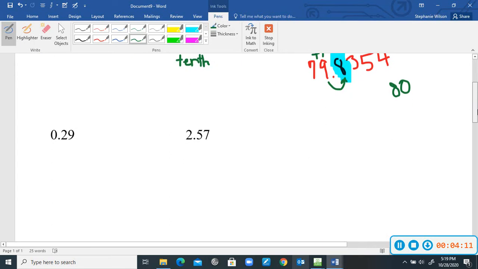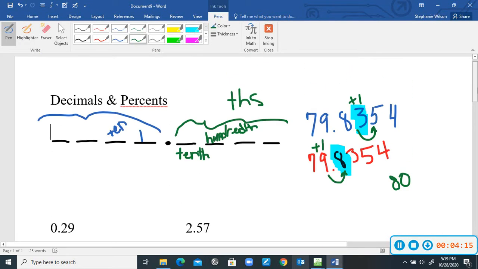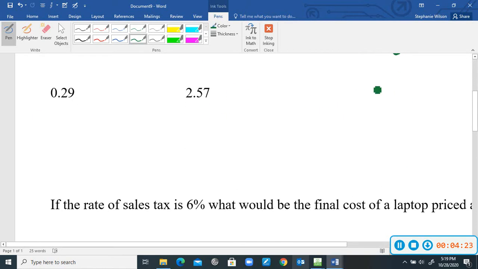So that's talking a little bit about decimals. Whenever you add or subtract decimals, you have to line them up. If you divide by decimals, a little side note, say that we have 2.57 divided by 0.29, and this is not going to come out pretty.